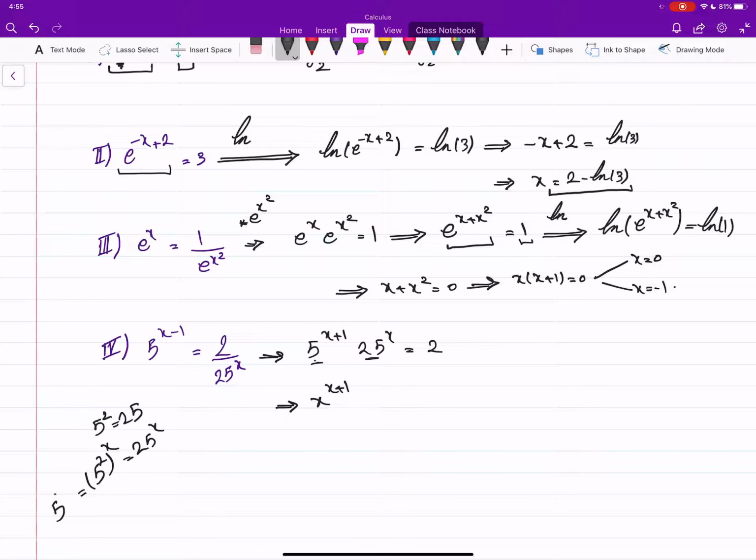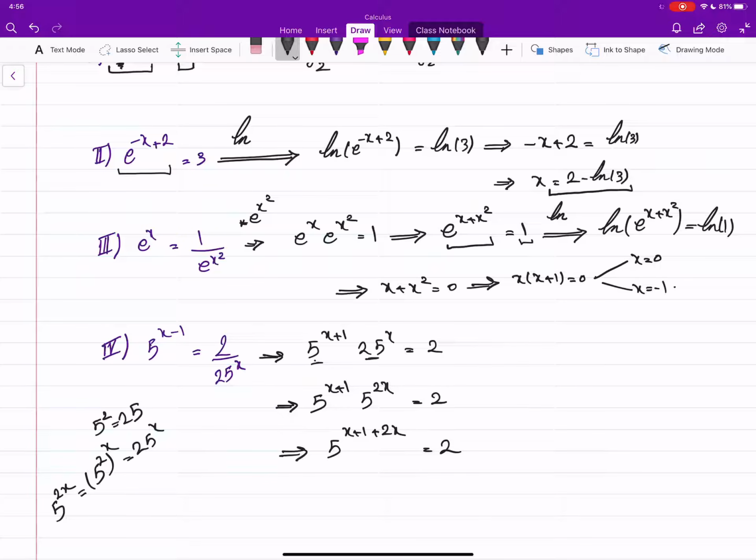An exponential of an exponential is the product of the exponents. So this is 5 to the power 2x equals 2. Oh, sorry, the base of the first term is just 5 here. Now that we have the same base, you add the exponents.